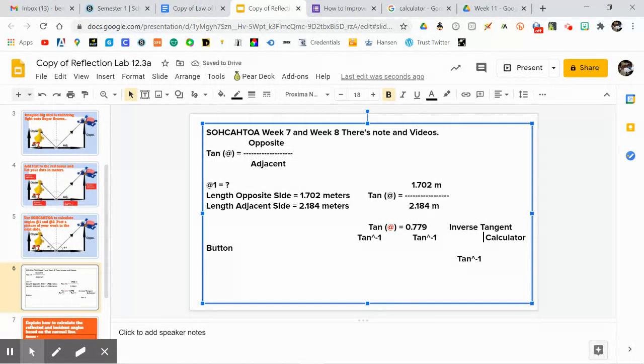And let me just fix this really quick. There you go. Okay. And it turns out that when we apply inverse tangent to a regular tangent, well, guess what happens?